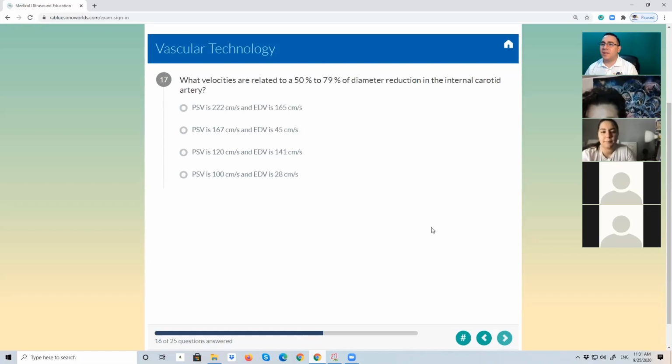Basically here, that's the University of Washington criteria for internal carotid artery stenosis. And it says what velocities are related to 50% to 79% of diameter reduction in the ICA.